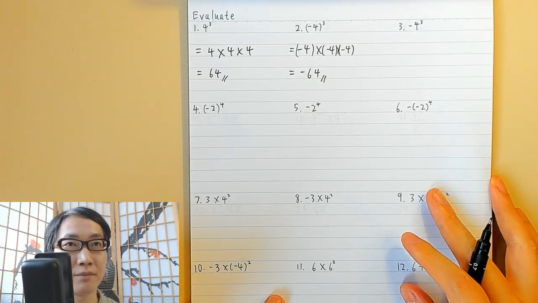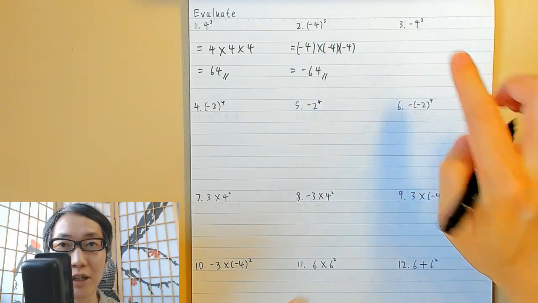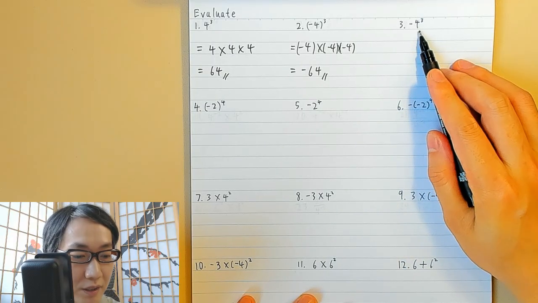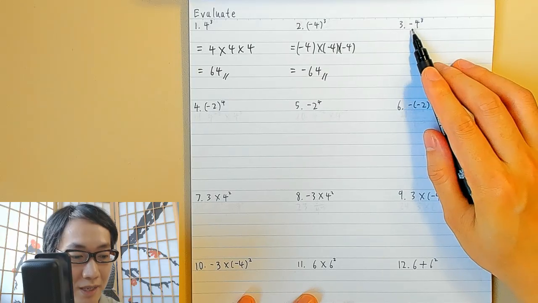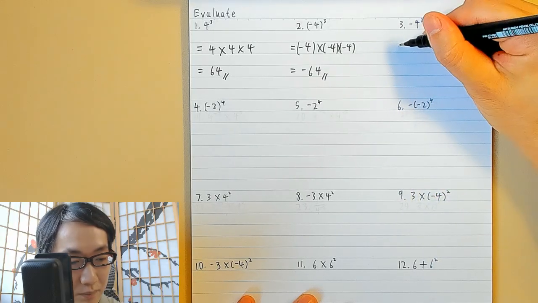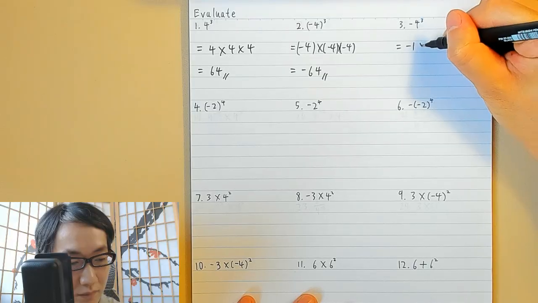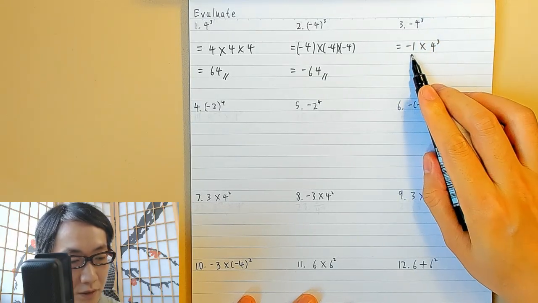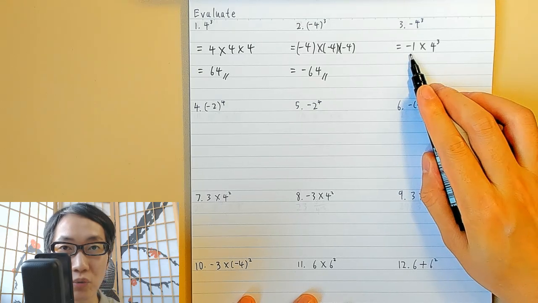Oh, and here, these two are different because now the base or the exponential factor is positive 4, and negative 1 is multiplied to it. So the negative 1 is the initial value.